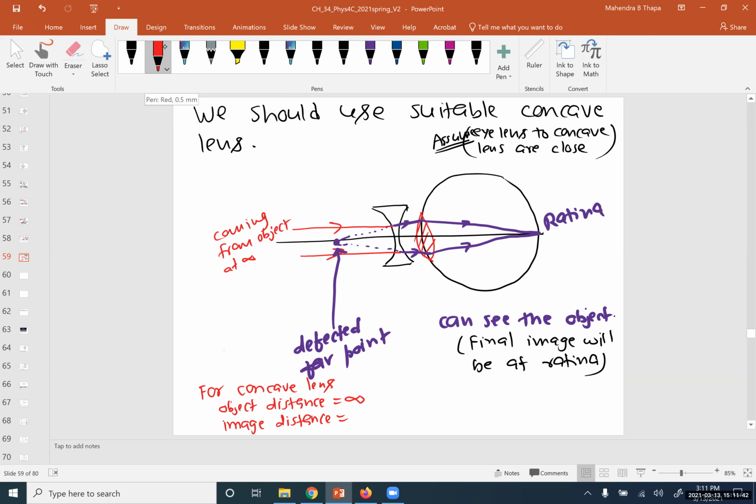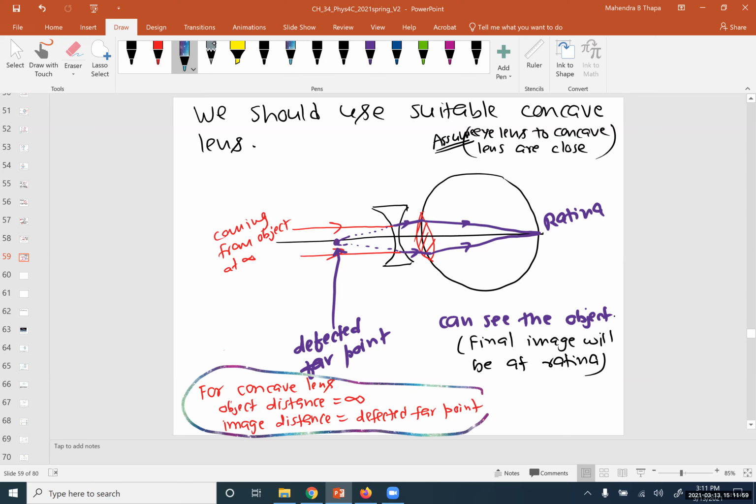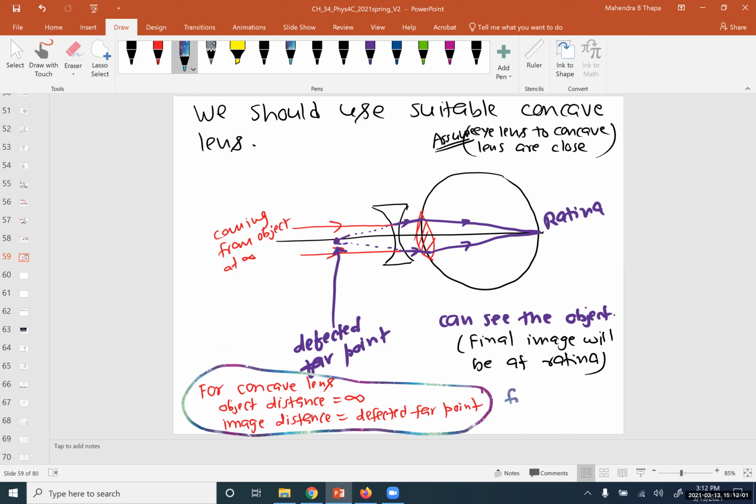So the image distance is equal to the defected far point. If you know these two things, use the lens formula concept and find the focal length of the concave lens. Okay, we can do that.